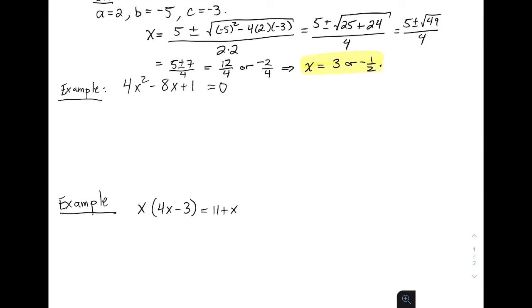In this next example, a is equal to 4, b is negative 8, and c is 1.